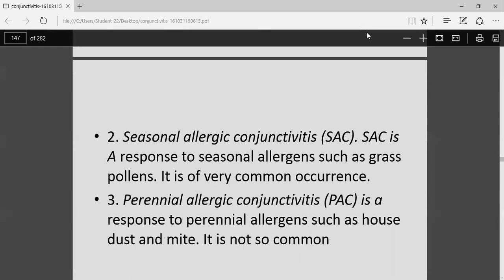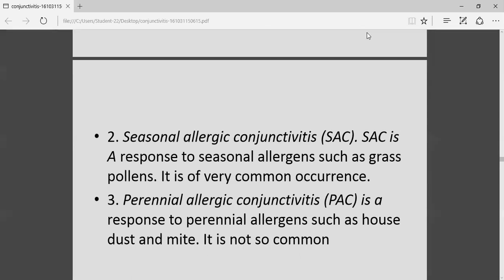Then there is seasonal allergic conjunctivitis. Basically, this occurs in spring season, and the grass pollens, through aerosol mediated transmission, enter the eye and cause the allergic conjunctivitis. Then there is perennial allergic conjunctivitis. It occurs due to the house dust and mites. It's not that common.